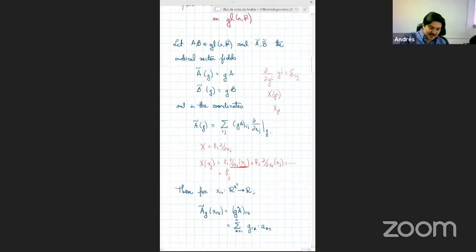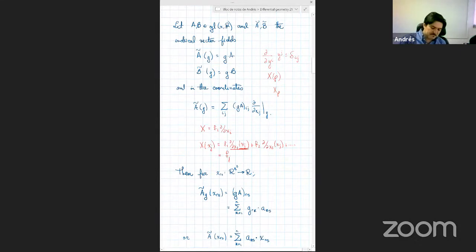And that's why I only get one entry, and that's when i equals r, j equals s. So this is an n by n matrix, and this means that I have the number that lies in the rs entry. Okay?